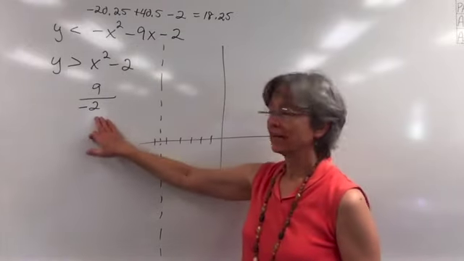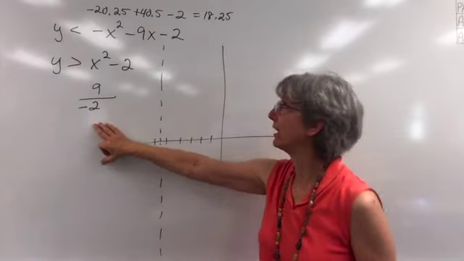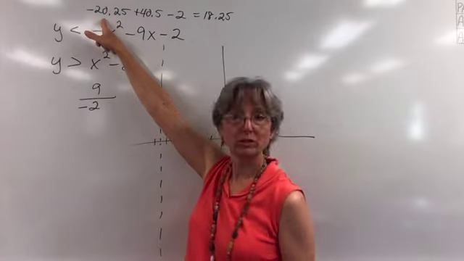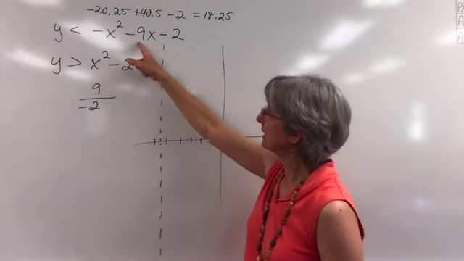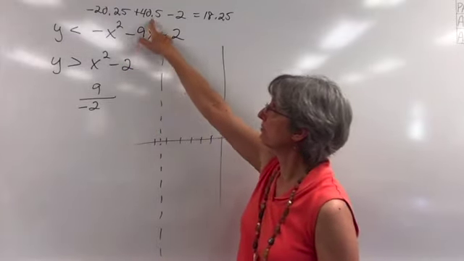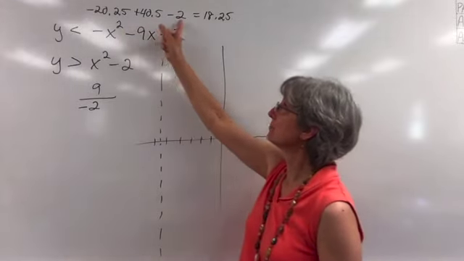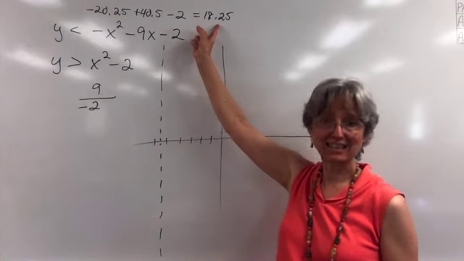So my x of my vertex is negative 4.5. When I plugged that in, negative that squared, it was negative 20.25. And negative 9 times negative 4.5 was positive 40.5 minus 2. And when I simplified all that, I got 18.25.